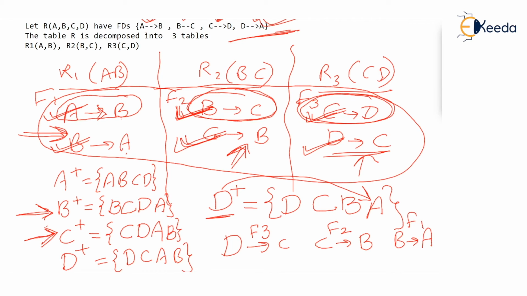So D to C, C to B, and B to A, that means D determines A. But here we are using inference rules, which are somewhat difficult. My best idea is to use the closure set. I hope you have understood that this is both lossless and FD preserving.